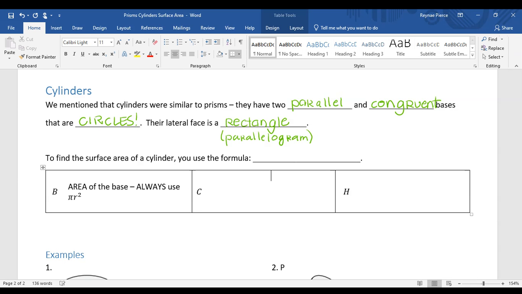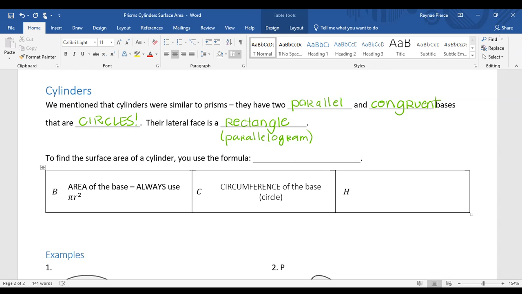Okay, C, think about C replacing P in this equation. If P represents the perimeter of a polygon, C is going to represent the circumference of the base of the circle.